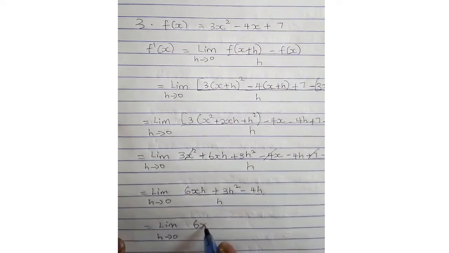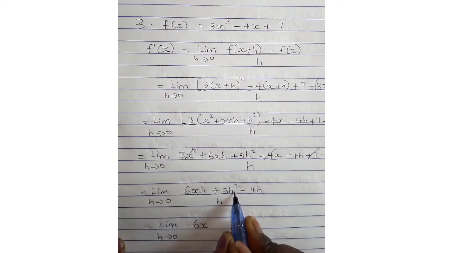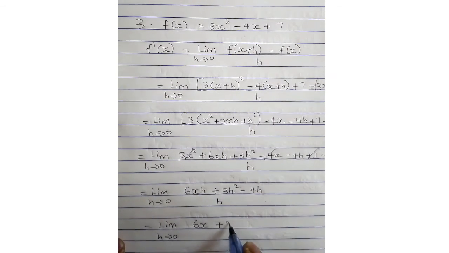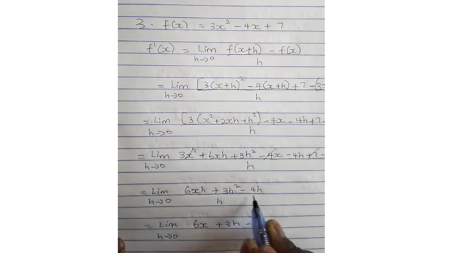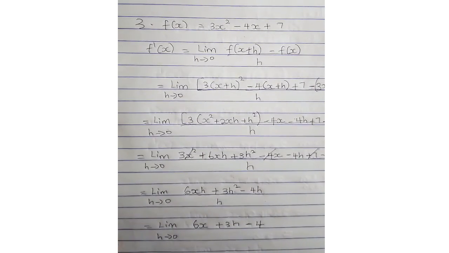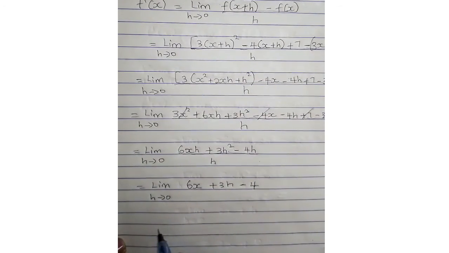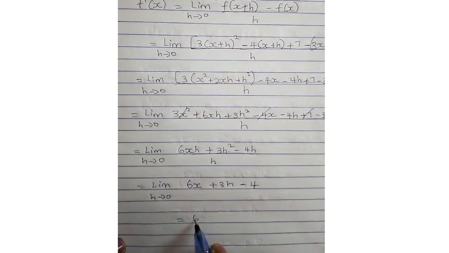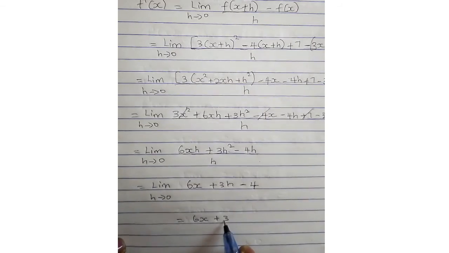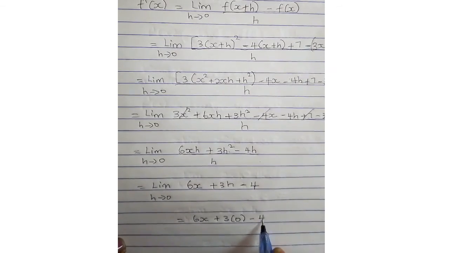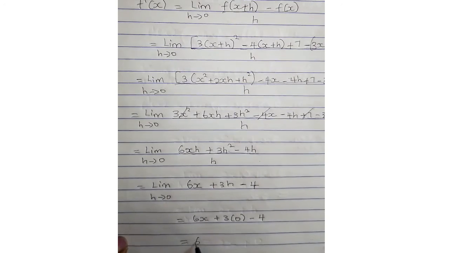We're going to have 6x. When this cancels, since this is carrying a square, we're going to have just one left. So it becomes plus 3h minus, when h cancels, we're just going to have 4 left. So wherever we see h, we're going to put 0. So we're going to have 6x plus 3 into 0 minus 4, which is going to give us 6x. 3 times 0 is 0.